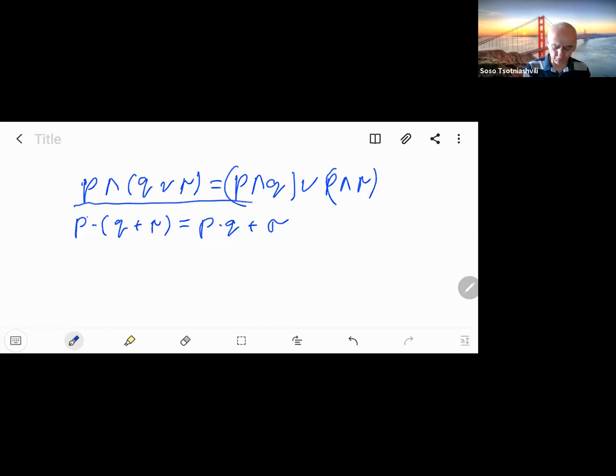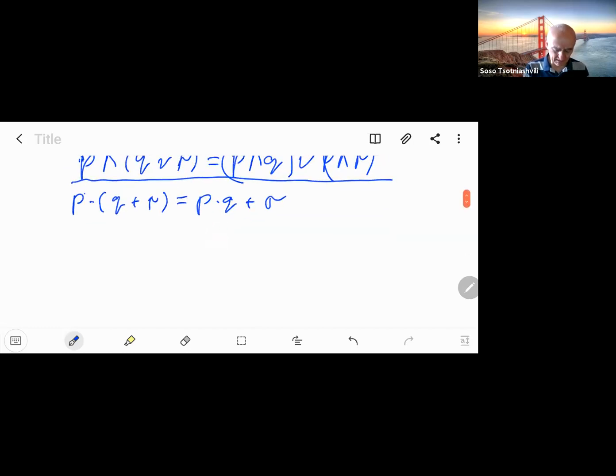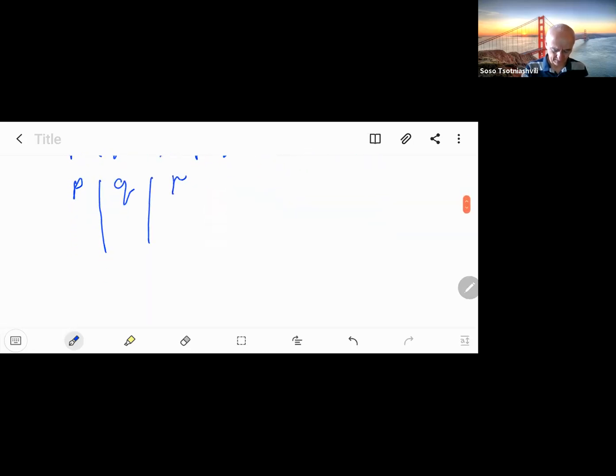Okay, so to prove it, what do we need? We need to assign all truth values to these propositional variables, P, Q, and R. You can do it any way, but I recommend first assigning values to two propositional variables. For example, P and Q: 1, 1, 1, 0, 0, 1, 0, 0.